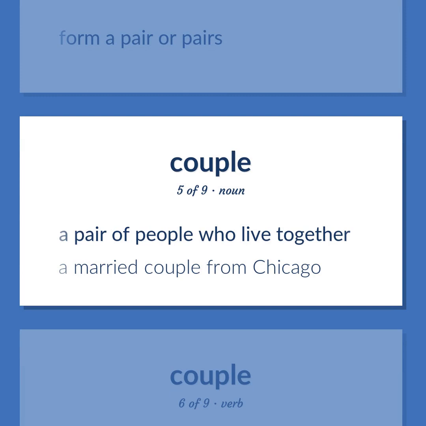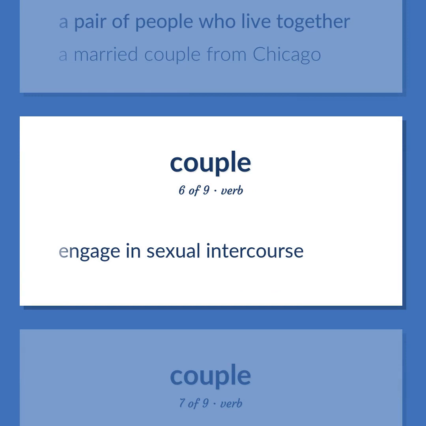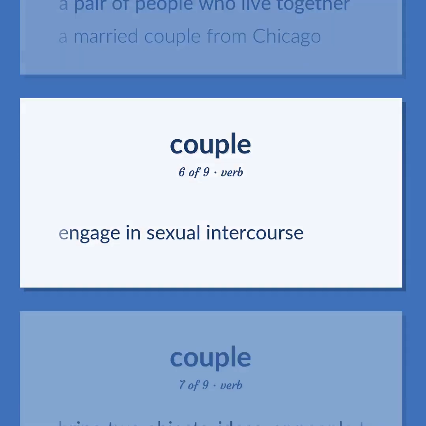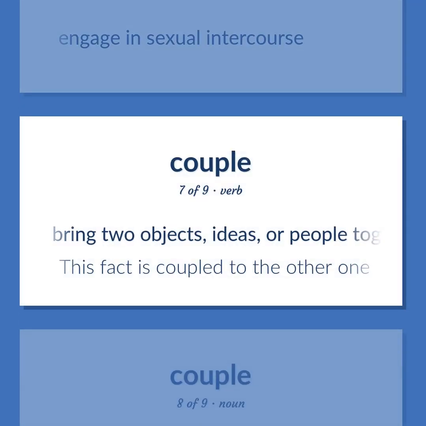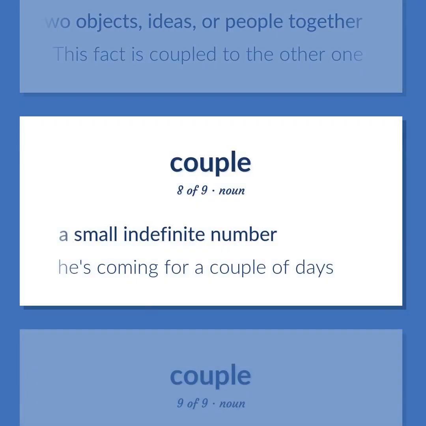A married couple from Chicago. Engage in sexual intercourse. Bring two objects, ideas, or people together. This fact is coupled to the other one. A small indefinite number. He's coming for a couple of days.